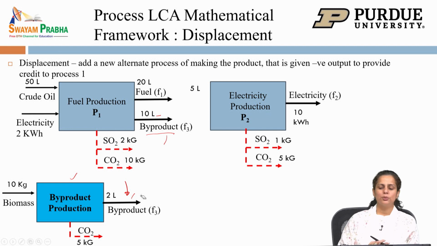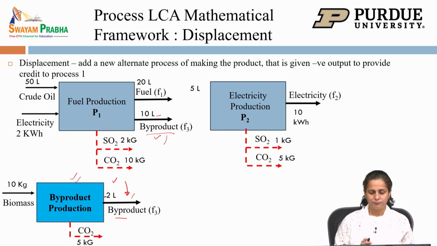The way we do the displacement is that we introduce the system and we make the output from this system negative, because we are saying that whatever is being made by process 1 is displacing this production process. So, we include this unit process and suppress that output from that unit process, and we will see how we do it in the matrix form.